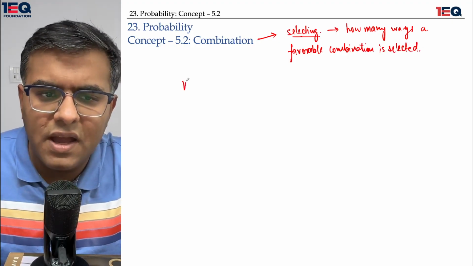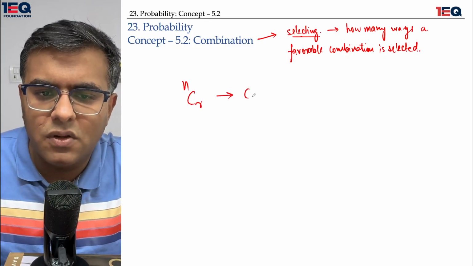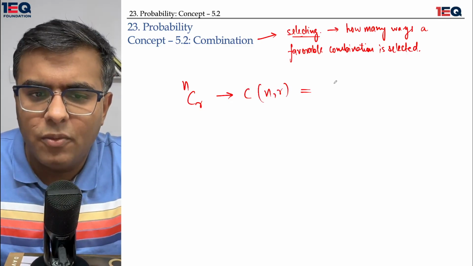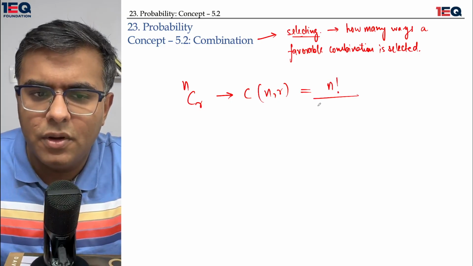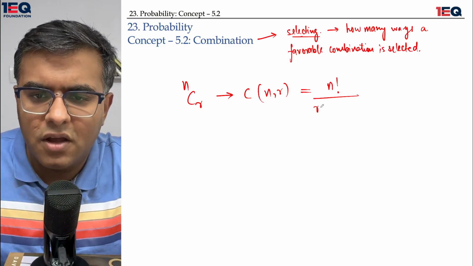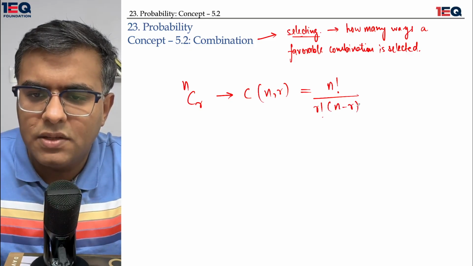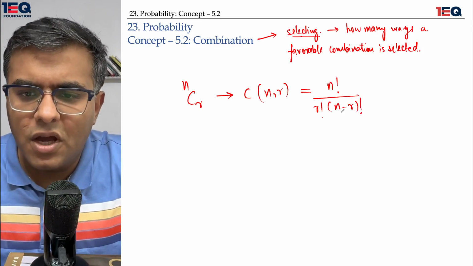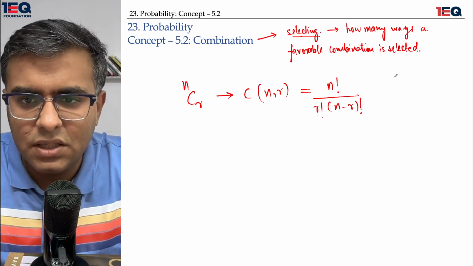For that, we have nCr, that is the formula, which is also called C(n, r), and the final point comes out like n factorial whole upon r factorial multiplied by n minus r factorial. So n factorial whole upon r factorial in the bracket n minus r factorial. This is it. This is the point.